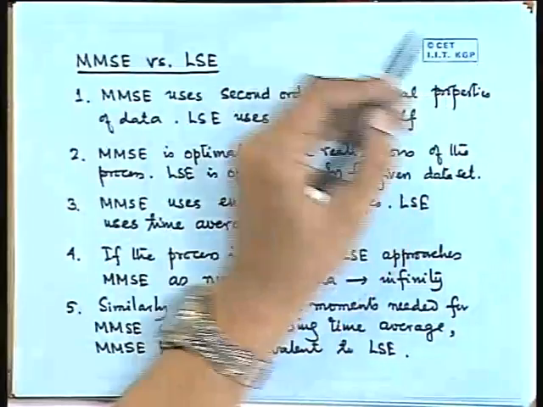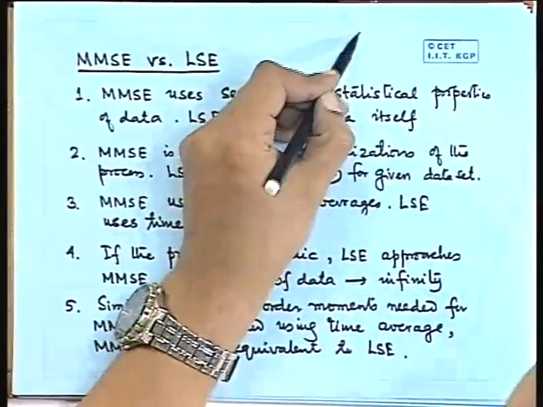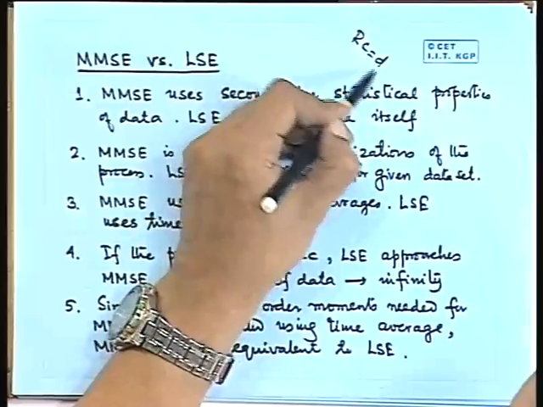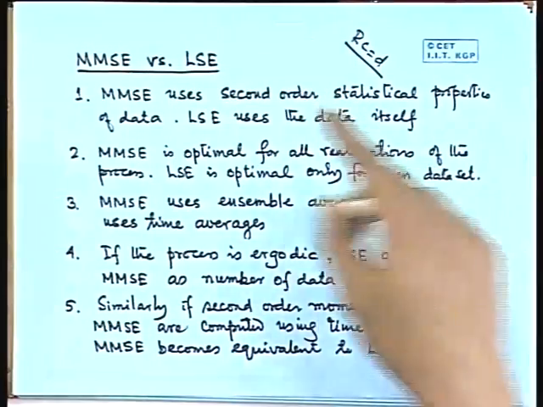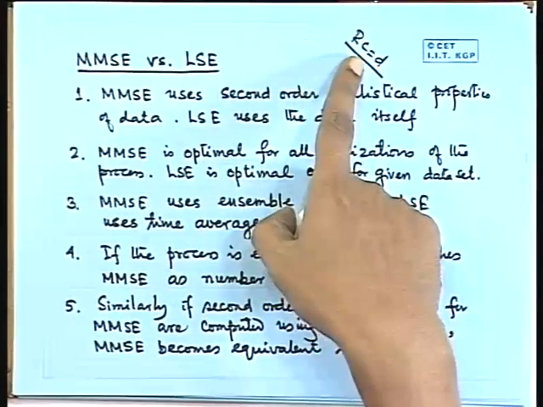How can I minimize an error over all possible realizations of a stochastic process without knowing its properties? It is not possible. Our solution for the optimal problem was RC equal to D.